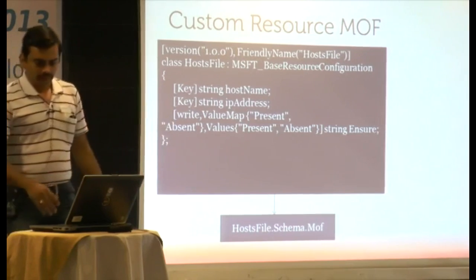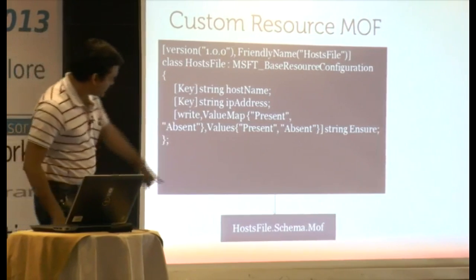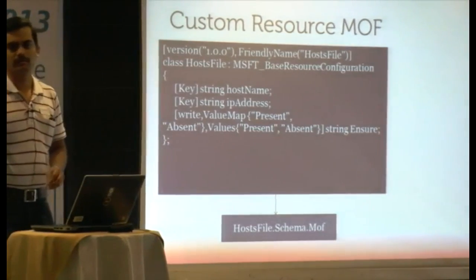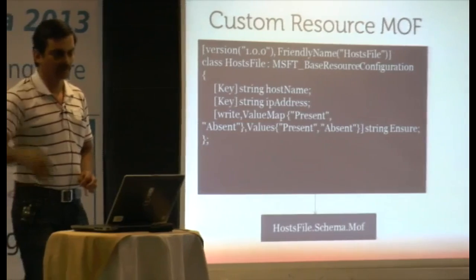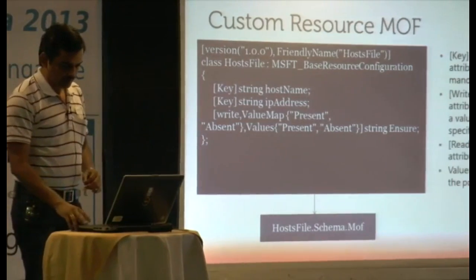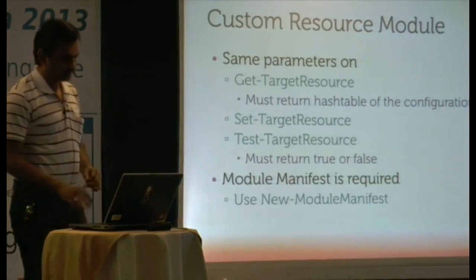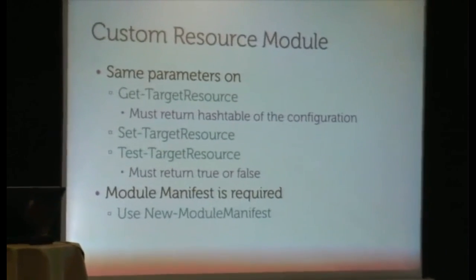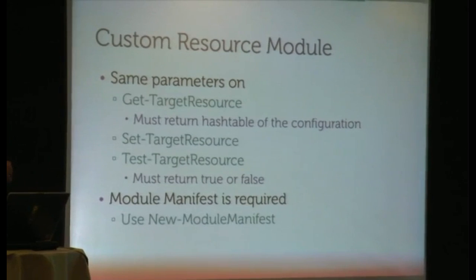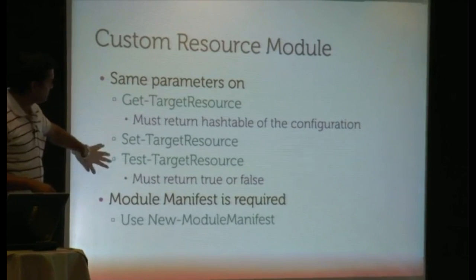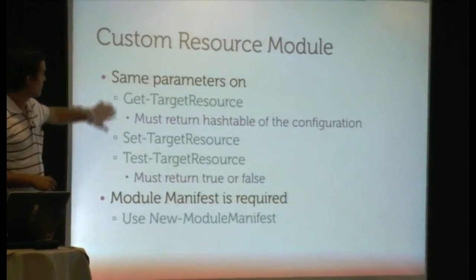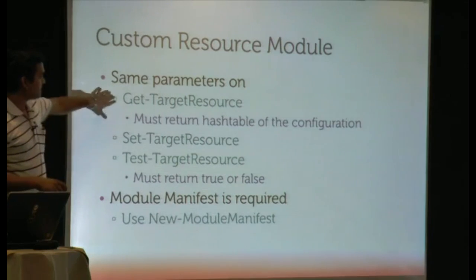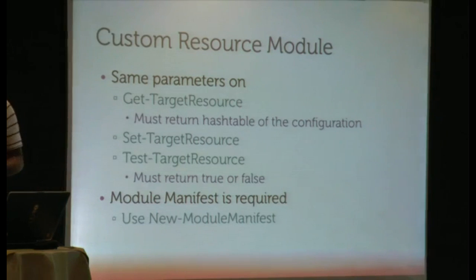Okay? And then once you have that, you basically give it a name, your resource.schema.mof. The schema.mof is mandatory. Okay, you basically give that naming convention to it. And once you have that, you start working on the custom resource module. Okay. So there are some constraints here. You have to create three functions with the same names that you see here: get target resource, set target resource, and test target resource. The get should always return a hash table.